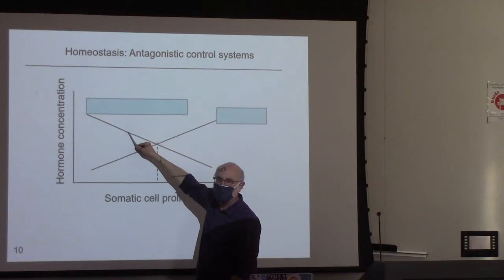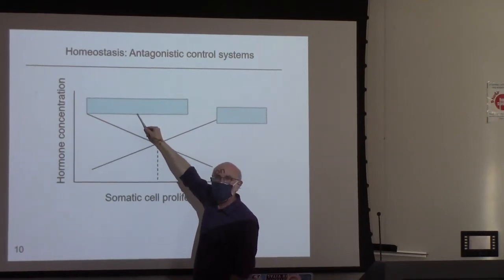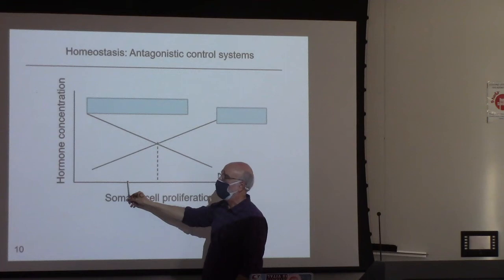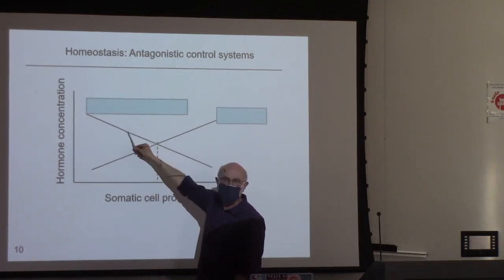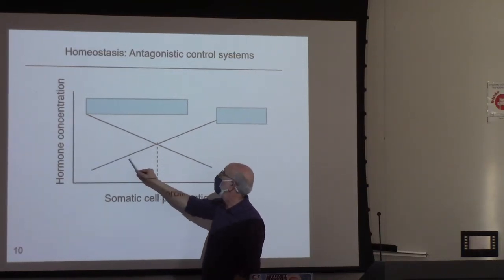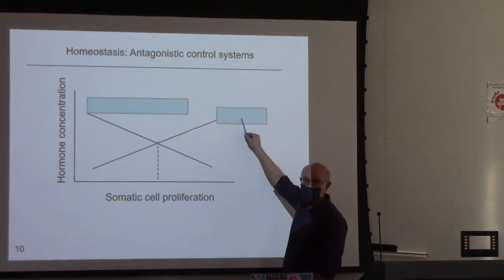I don't think so. What goes in this box? GHRH. If the amount of growth is low, we want to stimulate growth with GHRH. More GHRH, then less somatostatin. Here is where somatostatin goes.